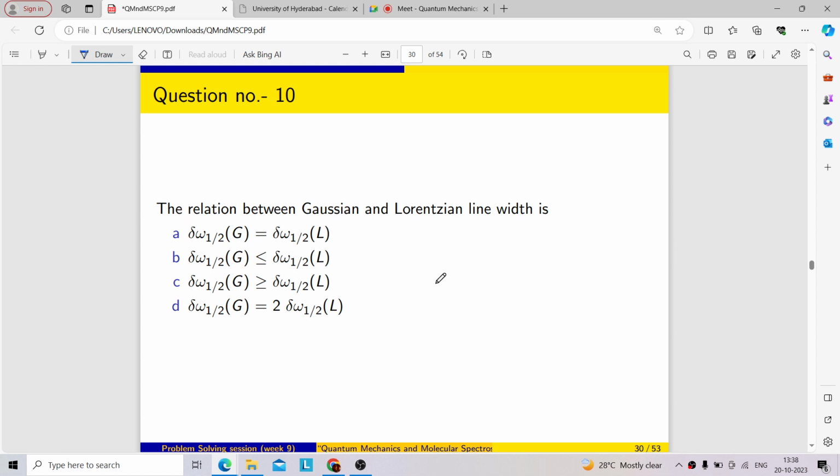The Lorentzian distribution comes from intrinsic parameters, and the Gaussian distribution is influenced by external variables.